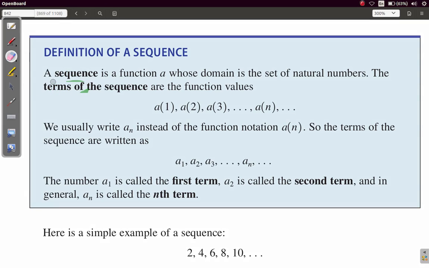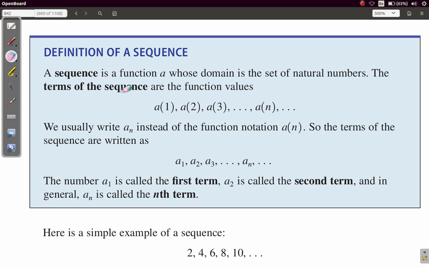Now, definition of a sequence. Let's erase this. A sequence. Now you need to make a note of this point in your notebook, very important. A sequence is a function A, that's a letter, a function A, whose domain, that means whatever number you put in that you're going to base your calculation on, whose domain is the set of natural numbers.